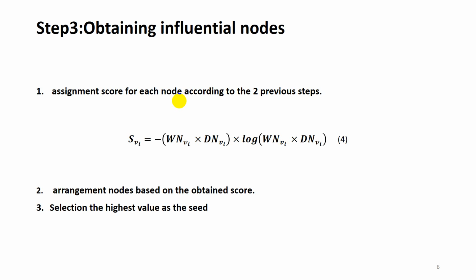As you can see in the formula, S_Vi is the score of each node, the highest of which were selected as influential nodes or superspreaders. Then the nodes were sorted based on the obtained score, and K nodes with the highest value were selected as seeds.